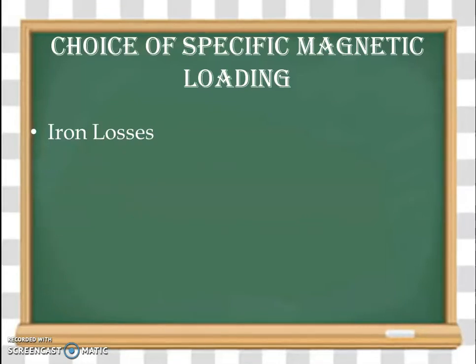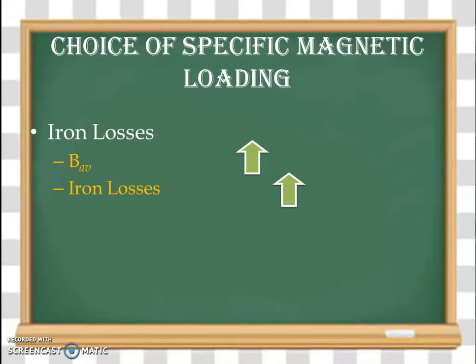So if we go for iron losses, if we design our machine with a higher specific magnetic loading, then flux density in all the iron parts, that is in stator core and stator teeth, will be higher. And if flux density is higher in all the iron parts, then iron losses will be higher.